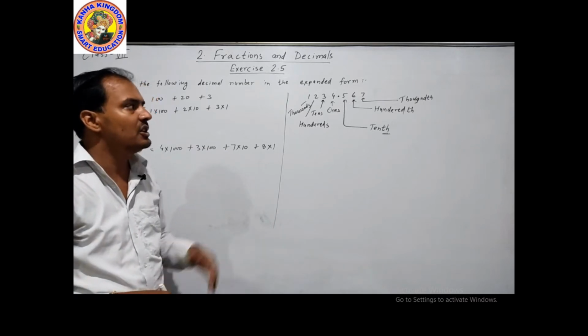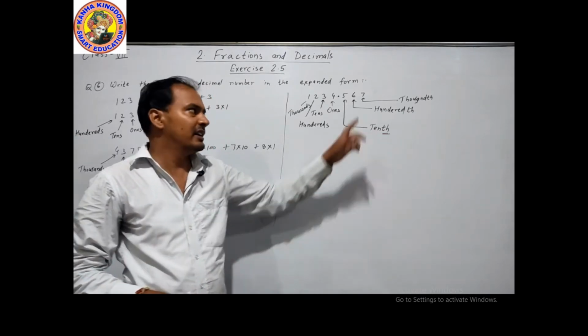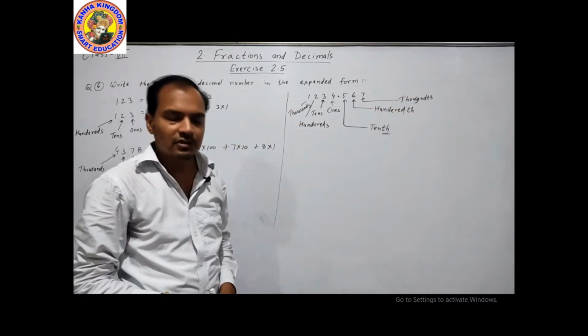If we use "th", we will divide the number. So tenths divide by 10, hundredths divide by 100, thousandths divide by 1000.